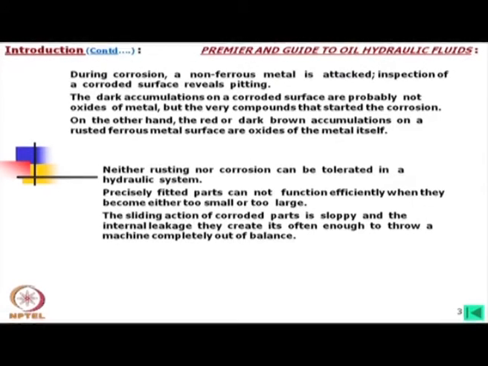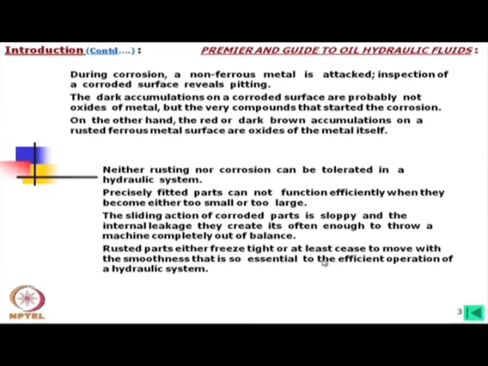This means that when corroded parts become loose, they may cause leakage, etc. Then performance deteriorates very rapidly, and the question of rejecting those components also comes up. Rusted parts either freeze tight or at least cease to move with the smoothness that is so essential to the efficient operation of a hydraulic system.